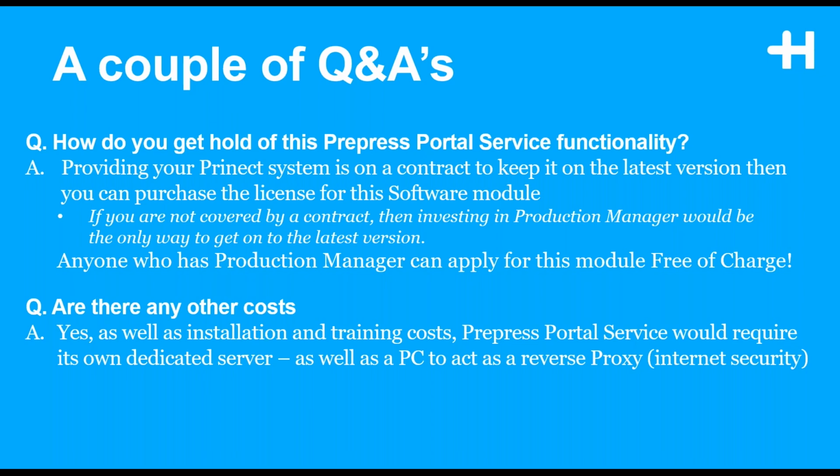You would have a secondary server, and you saw from that little upload area in Cockpit, that's the server that handles all the uploads and downloads, and it can either automatically bridge across to the main workflow server, or you can do it upon your control. You may also require a PC to act as what we call a reverse proxy. This is effectively internet security.